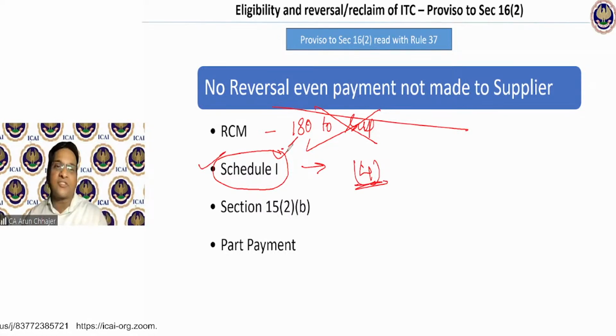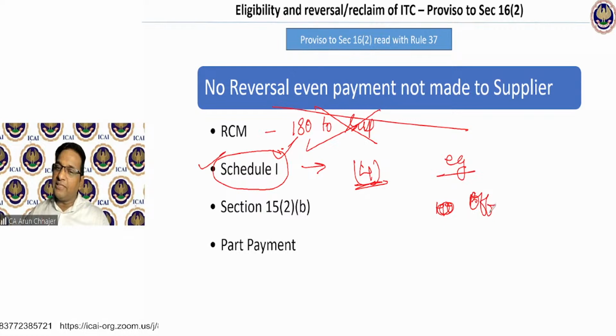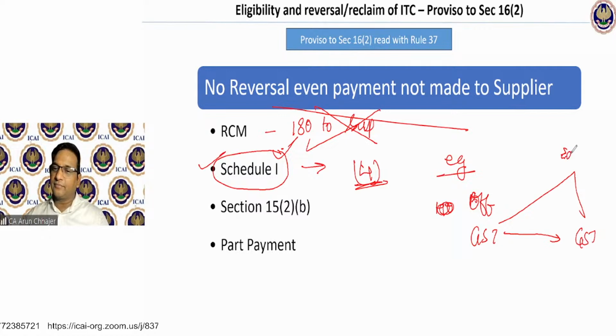In these cases also, there is no requirement of reversal. Example: a head office, one branch, one GST number, has transferred stock to another GST number of the same PAN. It is called a distinct person, right?